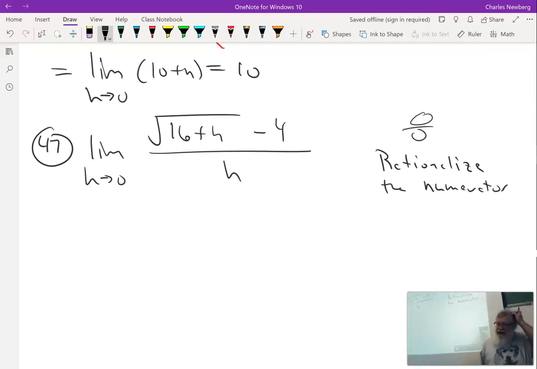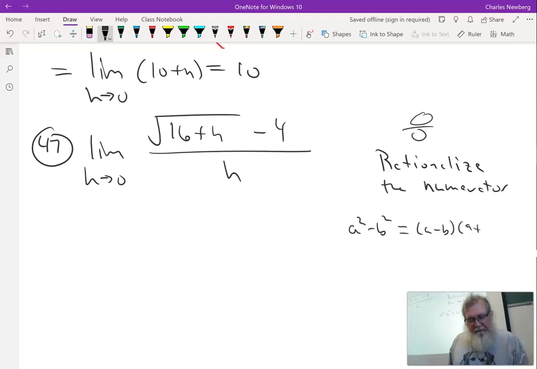Rationalize means get rid of the radical, by the way. This hinges on the fact that a squared minus b squared, since squares get rid of square roots, is of the form a minus b times a plus b. So we're going to try to build an a squared minus b squared, because squares and square roots cancel each other out.